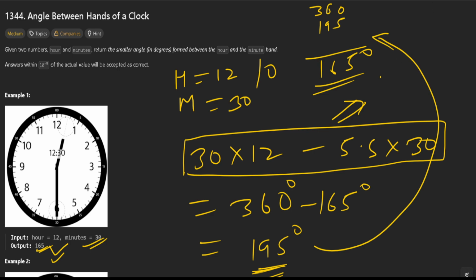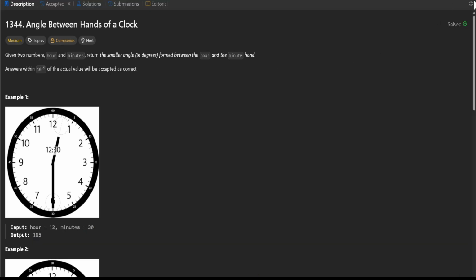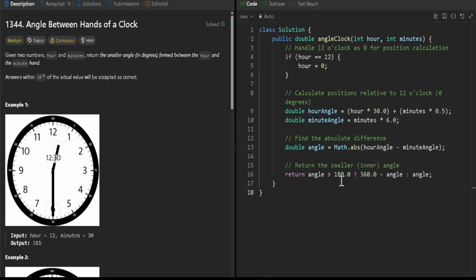Okay, let's try to understand from the code, guys. In the code, what you need to do is, if the hour is 12, either you make it 0, or you can keep it like that. So the hour angle you can find like this, and the minute angle will remain the same, you just multiply by this one.